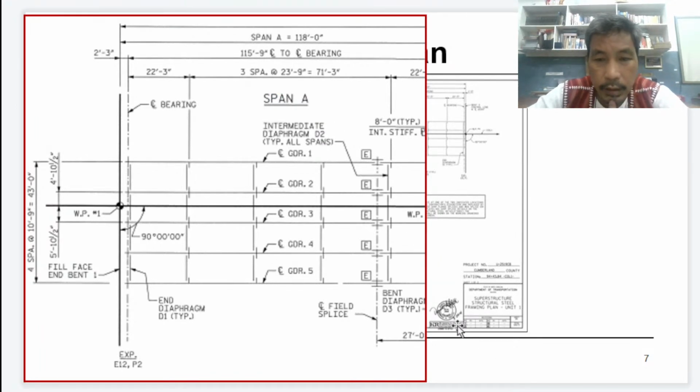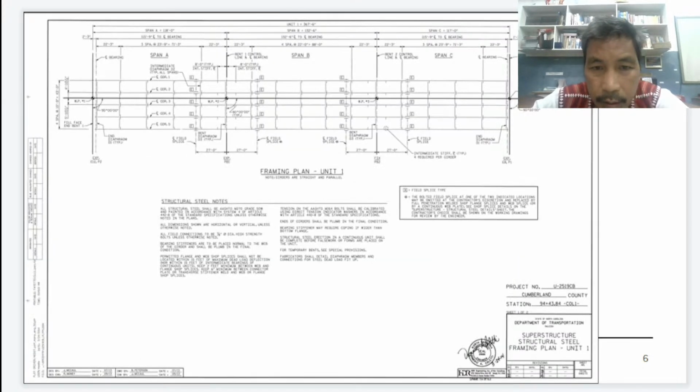I think it is now much clearer. So we have span A equal to 118 feet. There are possible spans: span A, span B, span C. So there are 3 spans, and they are just the same. So let us just talk about span A.